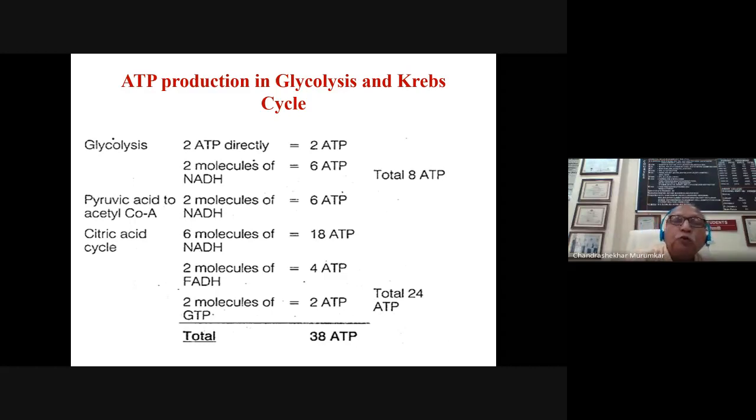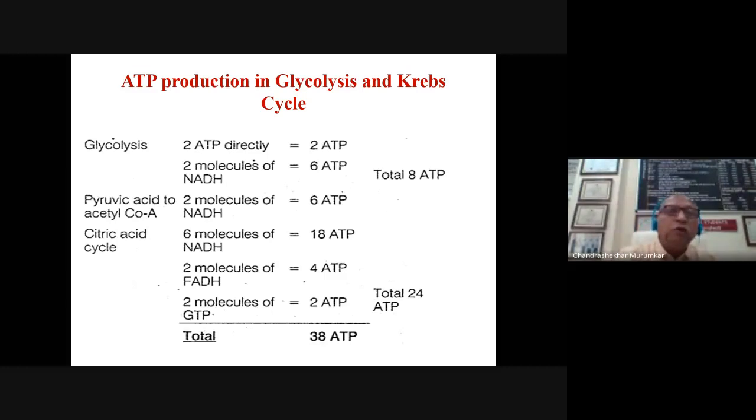So 6 plus 2 becomes 8. In pyruvic acid also, 2 molecules of NADH2 are synthesized, and obviously because of that, there is a generation of 6 molecules of ATP. And in the TCA cycle, or citric acid cycle, we have seen that at 3 locations of oxidation, NADH2 is synthesized.